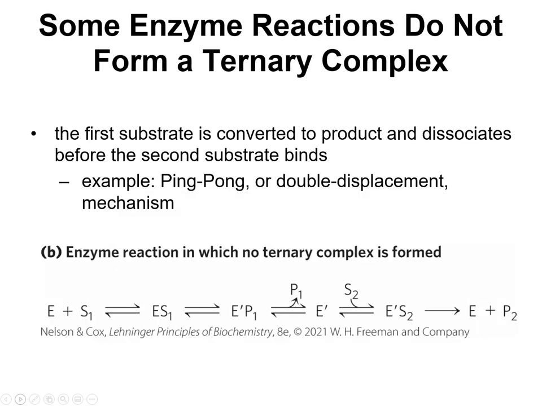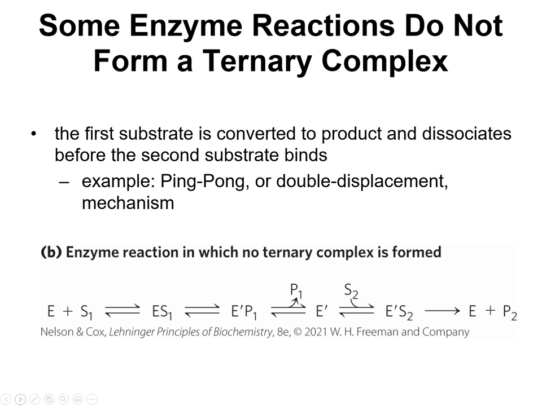Some enzymes don't even form a ternary complex. So you might have binding of a substrate, and then you make a product, there's some kind of change to the enzyme and that product leaves, then you have a second substrate bind, and then maybe your enzyme transfers a group onto that second substrate, and then it's regenerated.